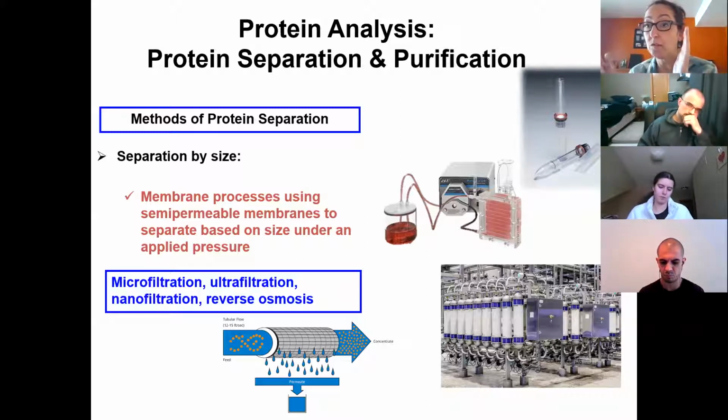So the permeates go through, and then you concentrate and retain the retentate, which you wash several times, and then you get the solution that didn't pass through the membrane, and that would be your retentate.